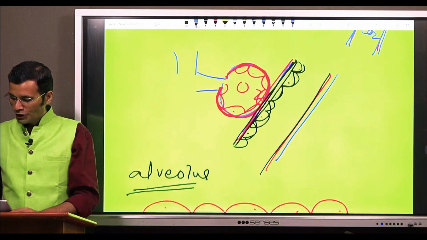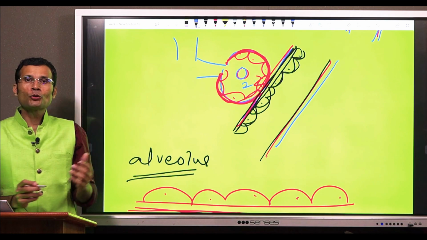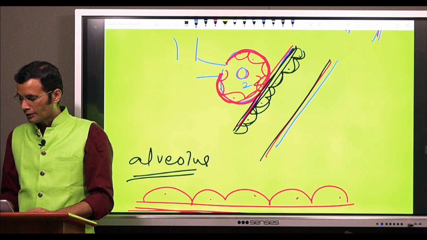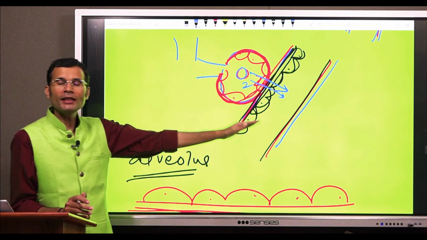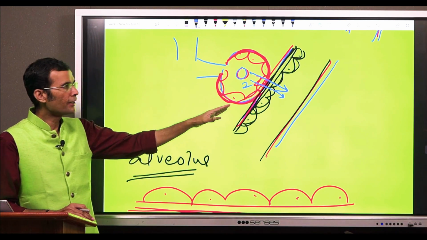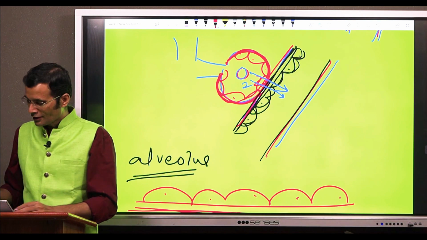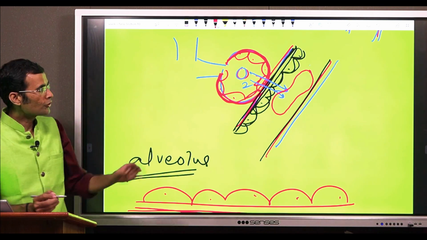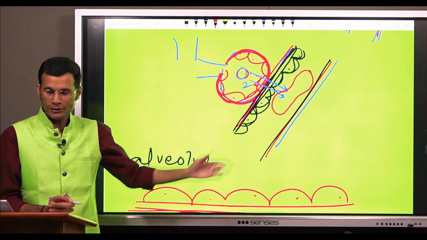So, oxygen which has reached the alveolus now has to cross all these layers to reach the blood vessel. It has to cross all these layers to finally enter the blood. Having entered the blood vessel, having entered the blood, it has one more membrane to cross actually, and that is the RBC membrane, because oxygen is going to enter the red cells and going to combine with the hemoglobin.